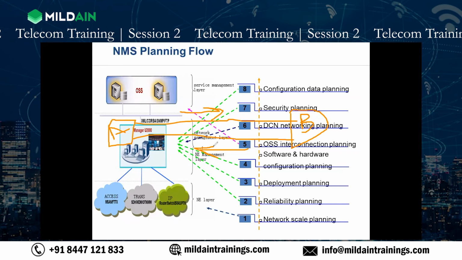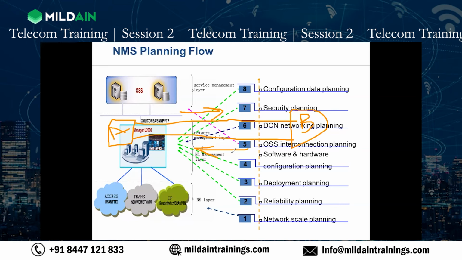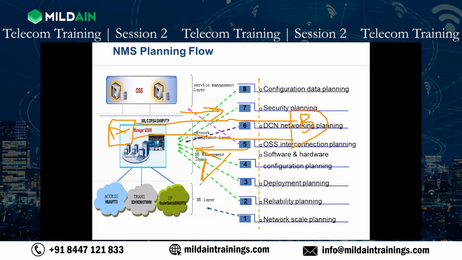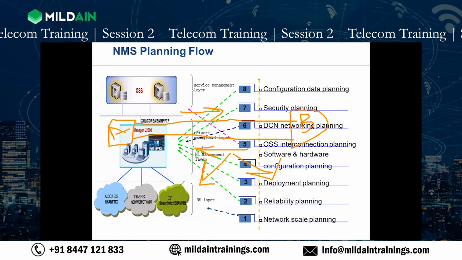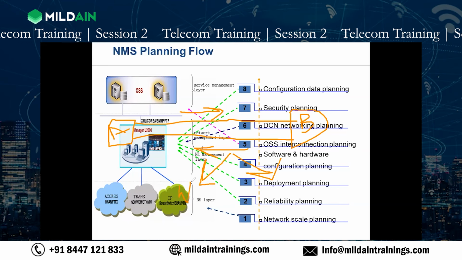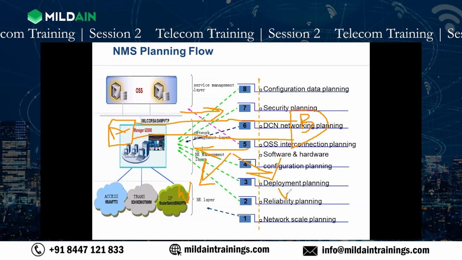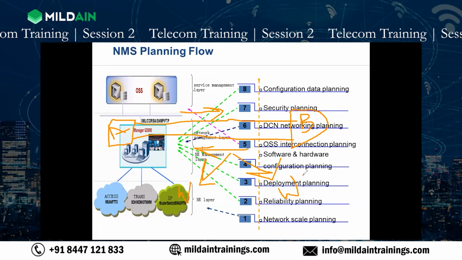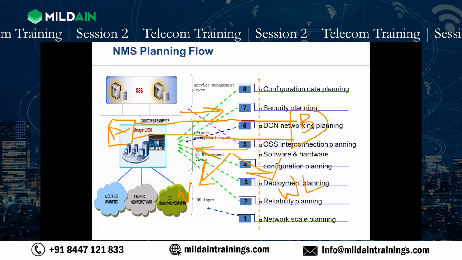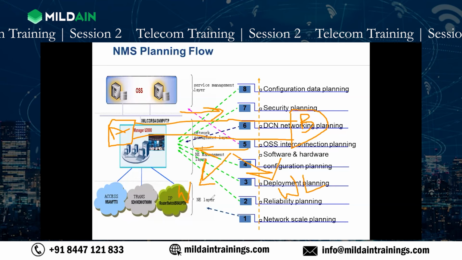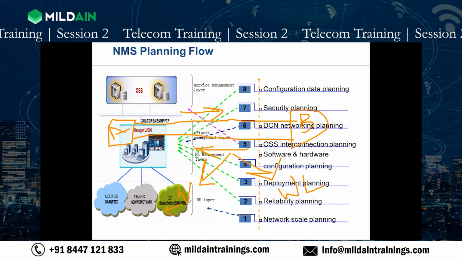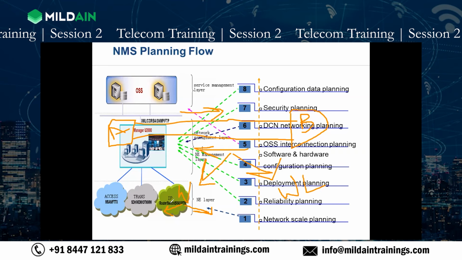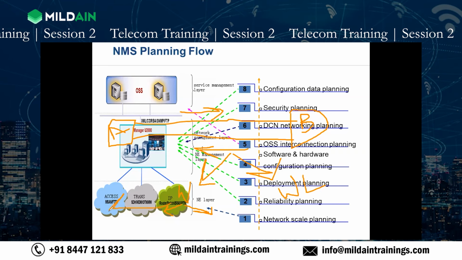What are the options we have for connectivity? We have two options. One is wireless, another one is wired, wireline. Once we talk about wireless, we have three media till now.